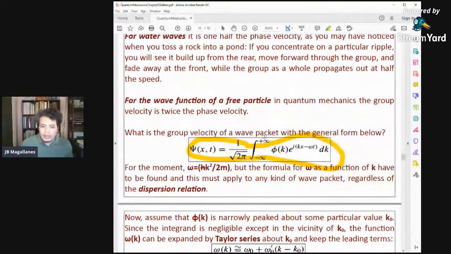Omega is equal to k squared over 2m. This is the energy, right? This is the energy. The square of k is just the associated velocity of the wave.